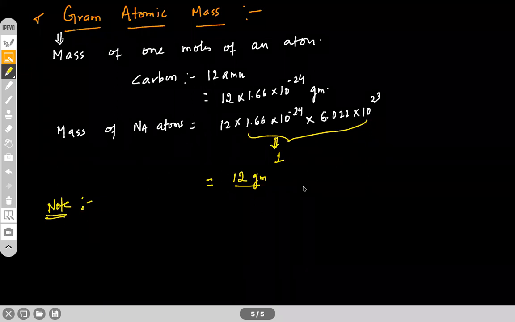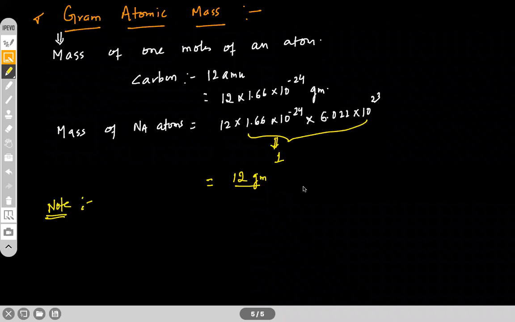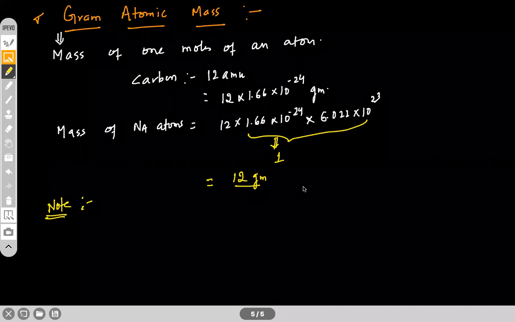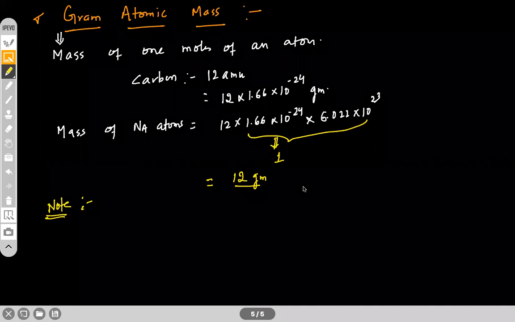Write down: gram atomic mass or gram atom of every element consists of an equal number of atoms.